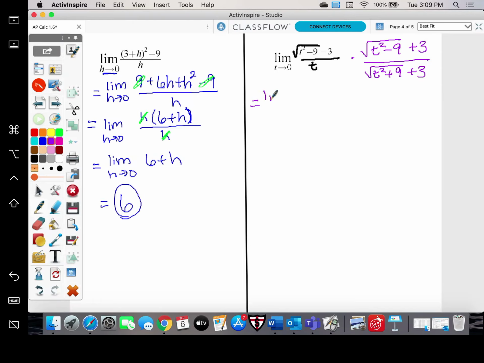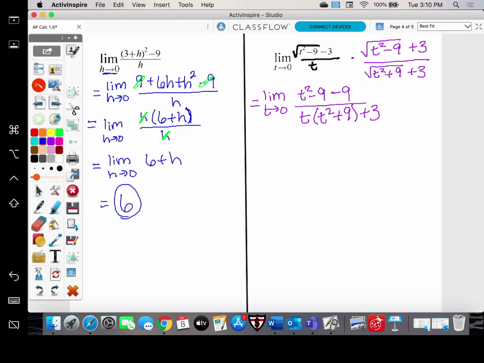So we have to very carefully FOIL the numerator. So t squared minus 9, t squared minus 9, those radicals cancel out. So that's just t squared minus 9. The inside and the outside in FOILing cancel, and I have a minus 3 and a plus 3, so that is minus 9 over t times the square root of t squared plus 9 plus 3.